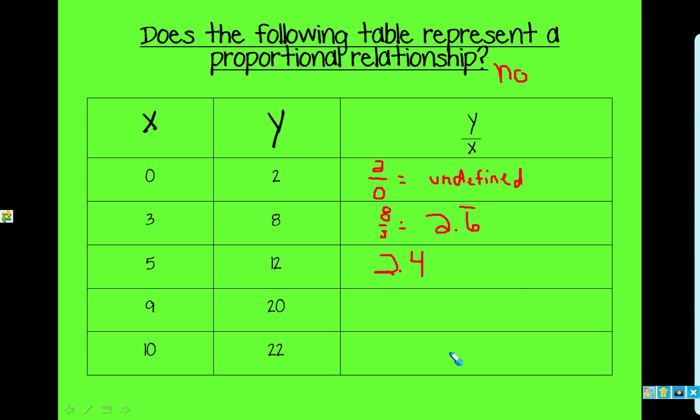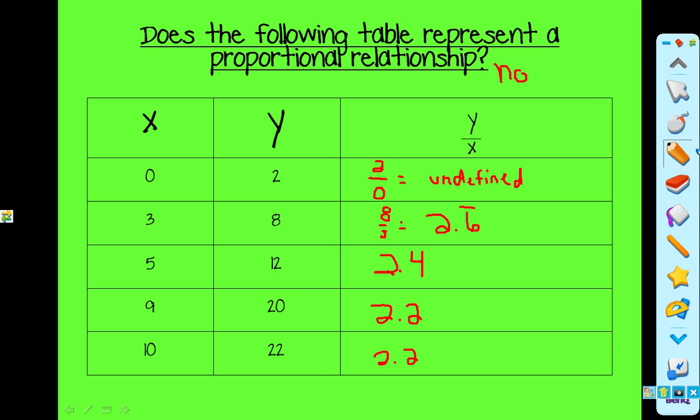All very close, but not the same. And 22 divided by 10 is also 2.2. They are the same, but we still do not have all the values being equal in the whole table. This graph will not be linear, it will not be a straight line, and it will not fall through (0, 0).